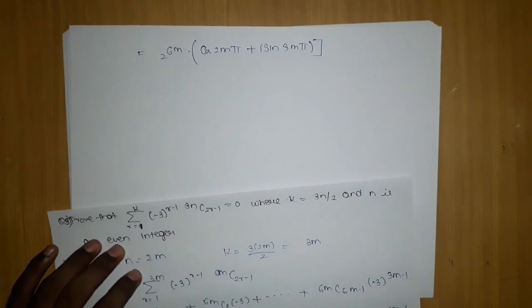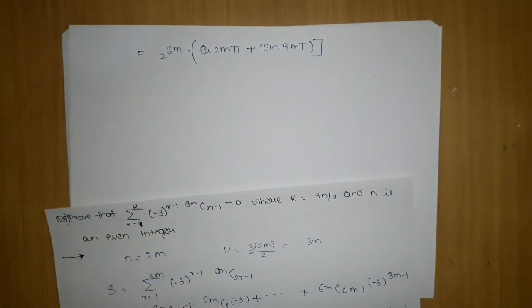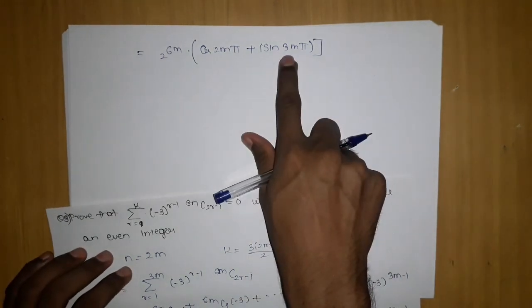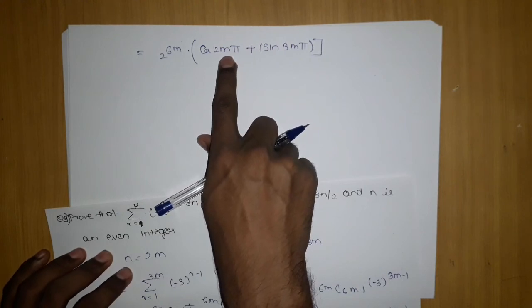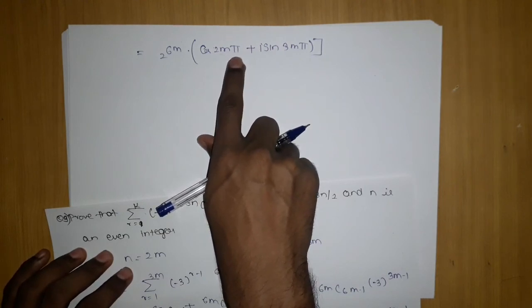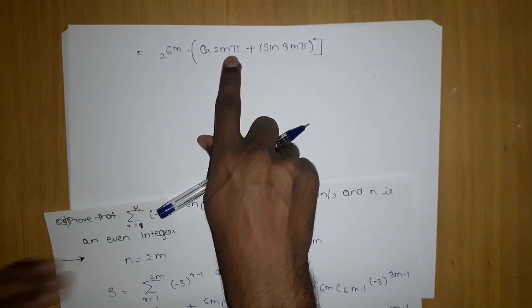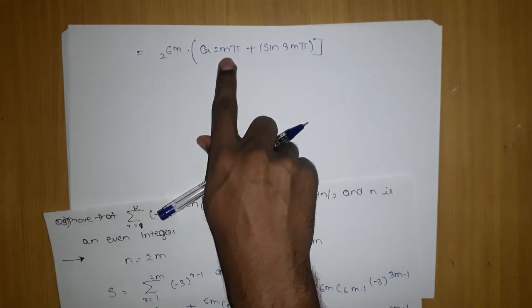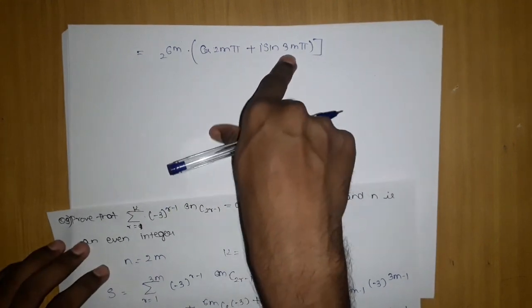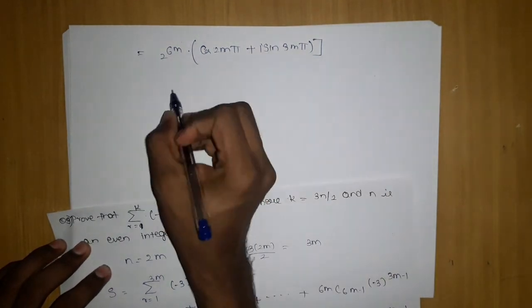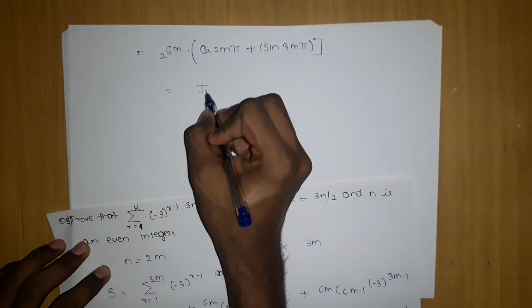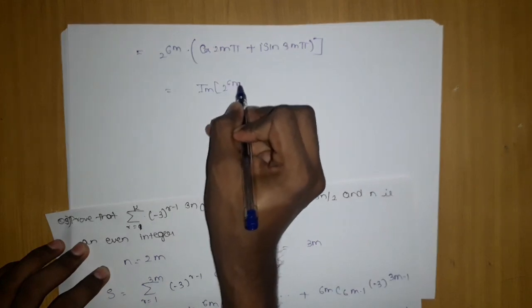You know, the even position of sin is nothing but 0. Like if you take 1 it will be 2 pi or 4 pi, like that positions, or 0 it will be 0 pi, it is nothing but 1. While if you substitute the positions of sin, these are what, 0. So we are getting the final answer as imaginary 2 power 6m, which is the imaginary part.